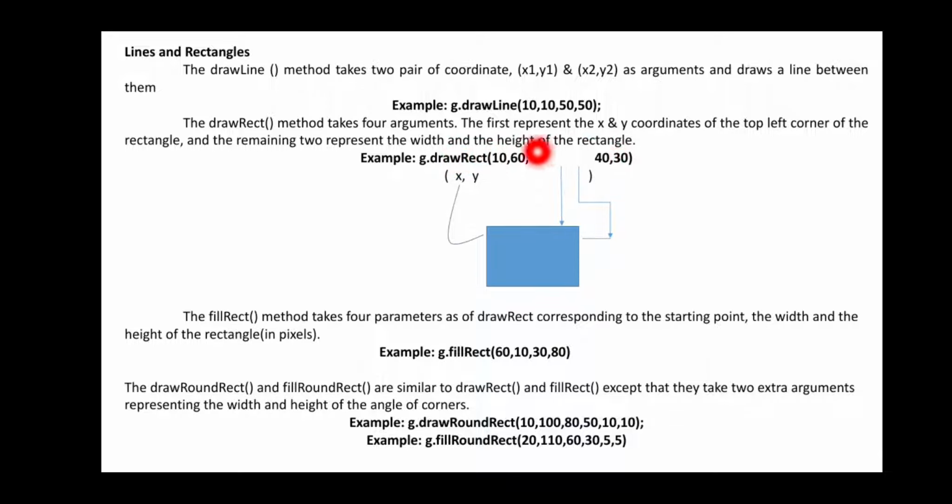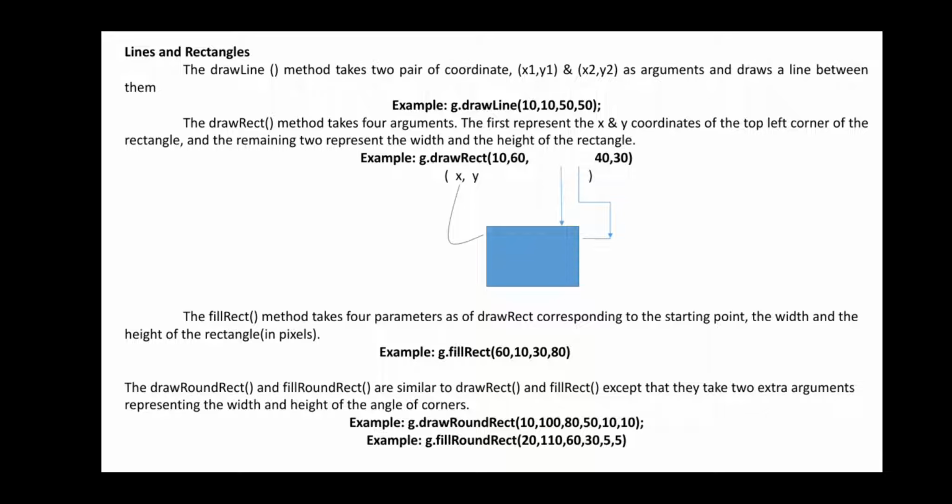For example, g.drawRect(10, 60, ...) defines 10 as the x-axis and 60 as the y-axis, and the width is 40 here, and then the height.